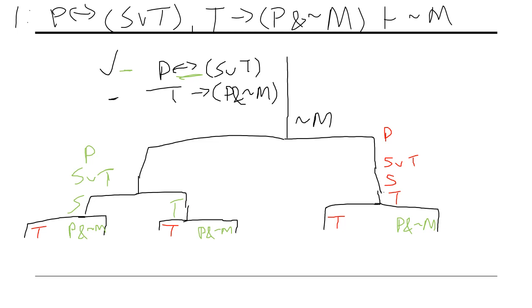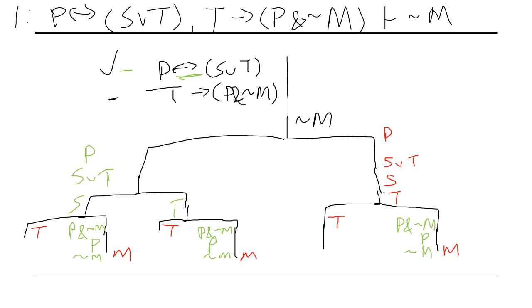So the T is as simple as it will go, but we still got to break down these ampersands, and what makes an ampersand true is if they're both true. So put P here, not M below it, P not M, P not M, and then we just need to flip these M's across the line to get rid of the tilde.